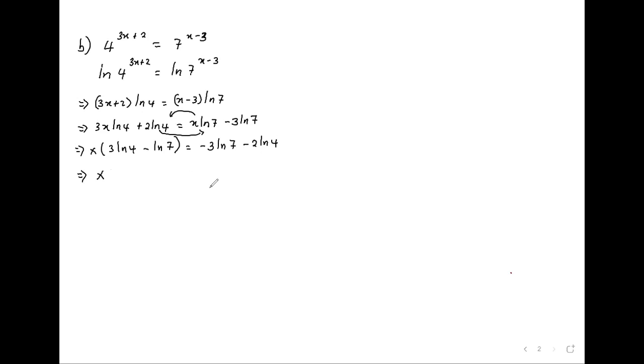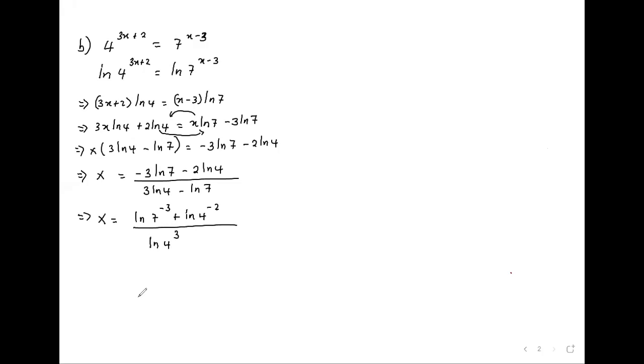Then we divide. So you can choose to end here or apply some properties that take it back. So you say this is ln 7 to the power negative 3 plus ln 4 to the power negative 2, over ln 4 power 3 plus ln 7 power negative 1.